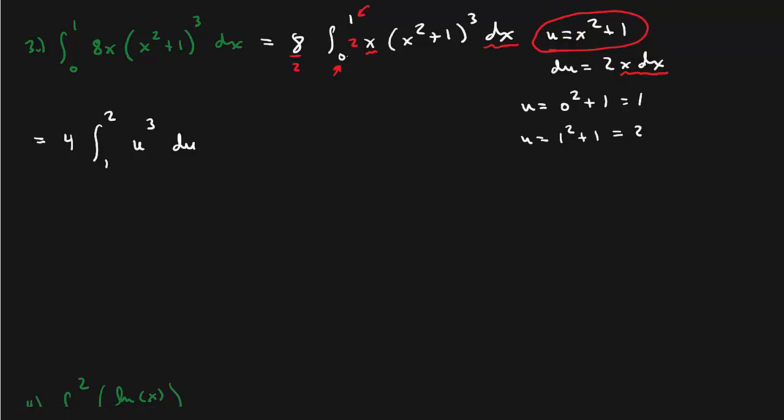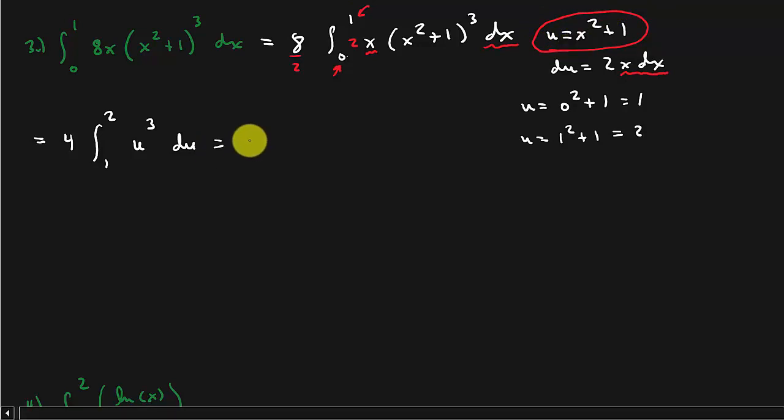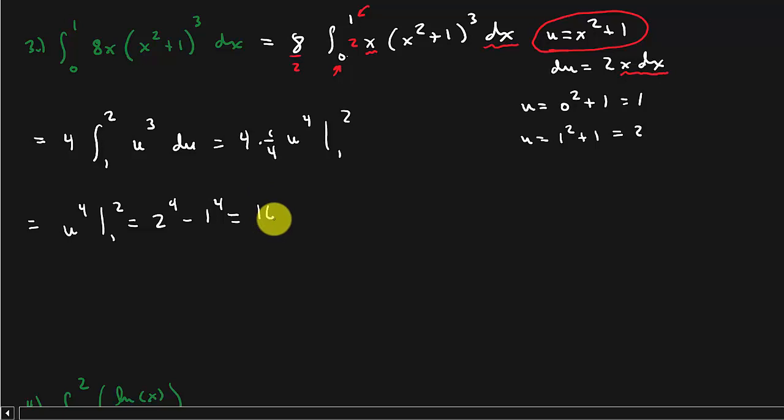Okay, and so now that's going to give us 4, and then that's u to the 4th times the reciprocal of the new exponent, and then that's 1 to 2. And so that's going to give us u to the 4th from 1 to 2, which is 2 to the 4th minus 1 to the 4th. So that's 16 minus 1, which is 15.